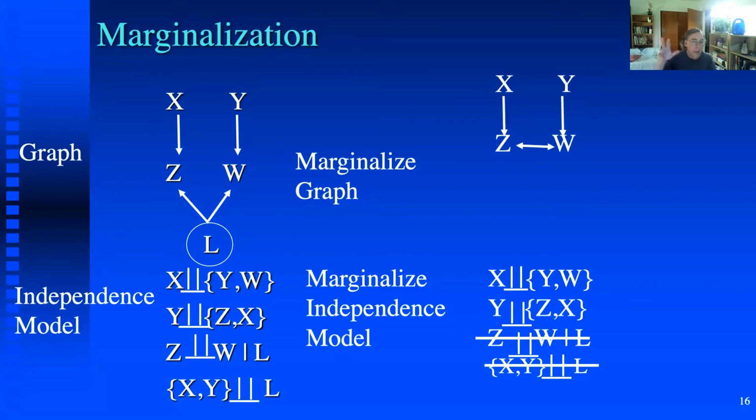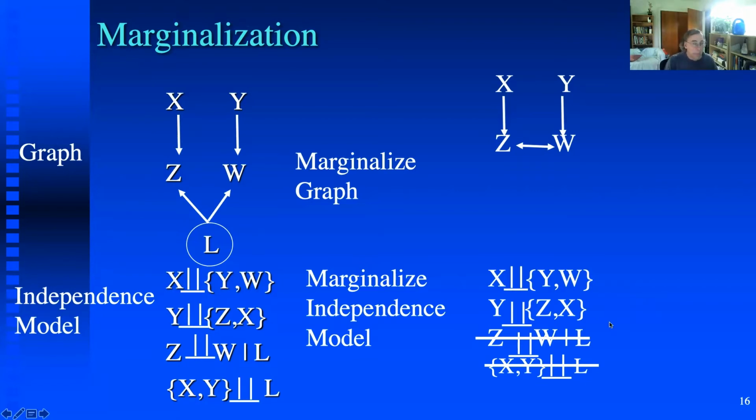And then I've hooked those two up so that if the original graph represented the independence model via d-separation, then the marginalized graph will represent the marginalized independence model through m-separation. And the nice feature of this is that I can then take this graph and apply my marginalization operation again. And if I do that and I apply m-separation to it, I will get the correct marginalized independence model.